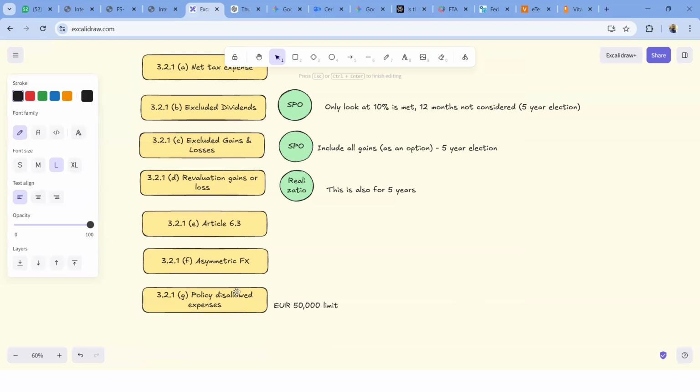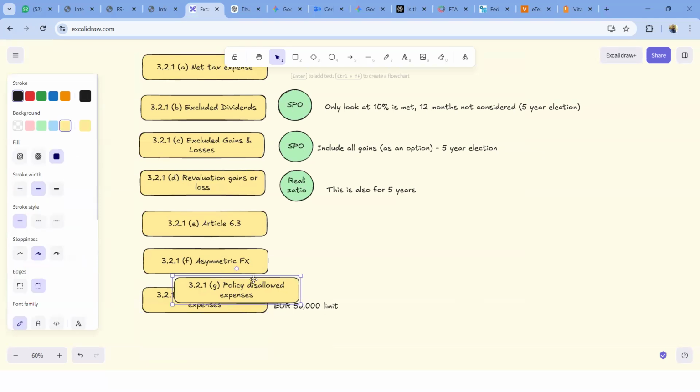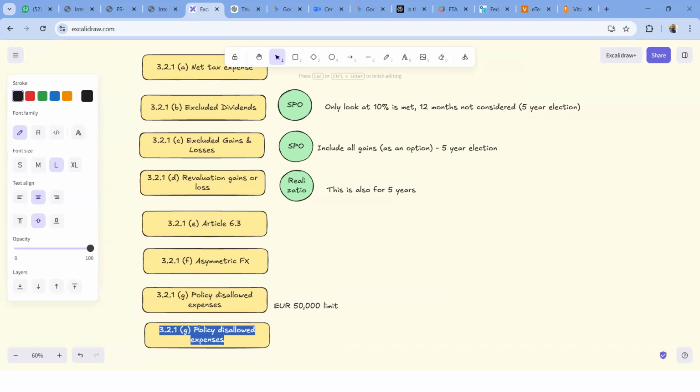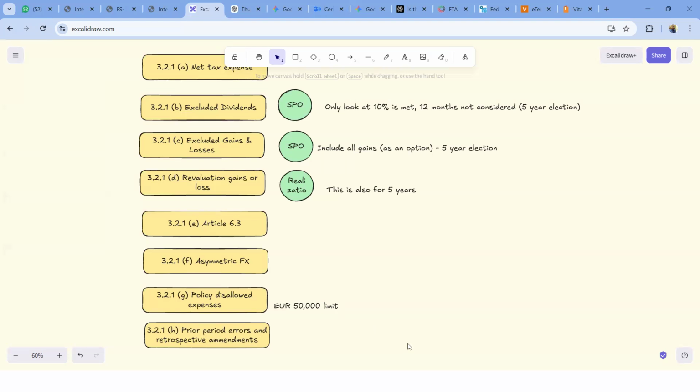Then what is H? H is prior period errors and retrospective amendments.